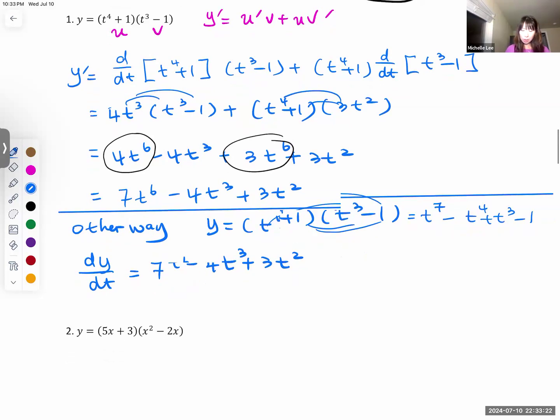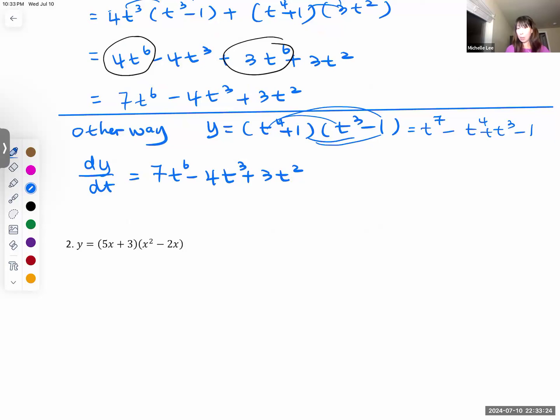This one you can also do the easy way, but this lesson is about the product rule. So let's use the product rule. So y equals uv, then y prime is equal to u prime v plus u v prime. So we apply that.